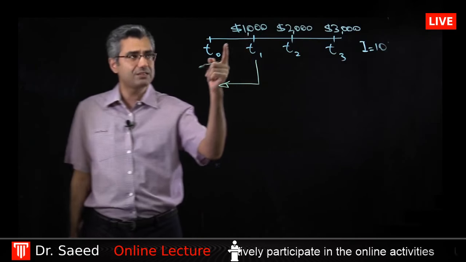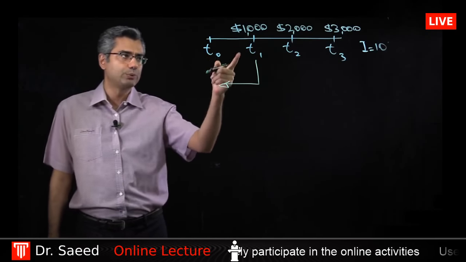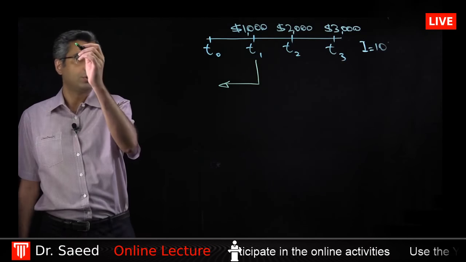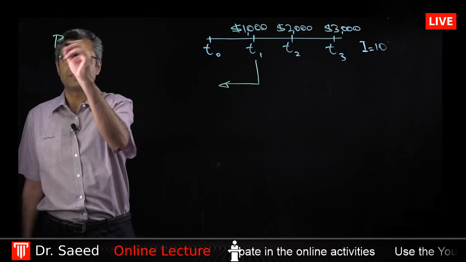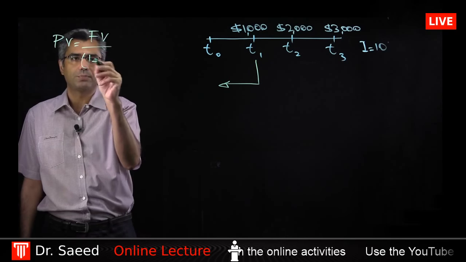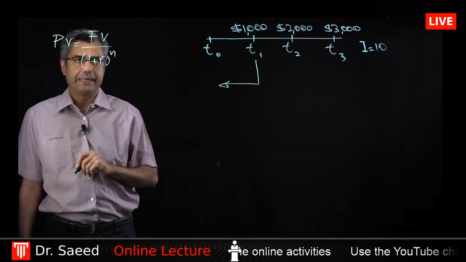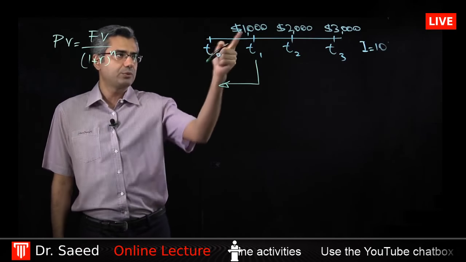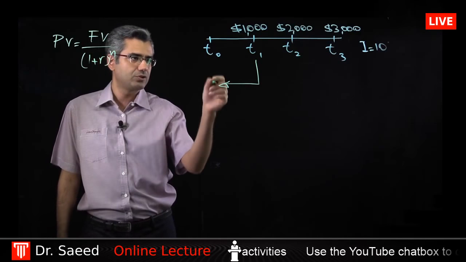So what's the present value of $1,000 that you will receive next year? The formula, as you hopefully remember, is present value is future value divided by (1 plus r) to the power n. So now we use the formula to discount this $1,000 to the present time.